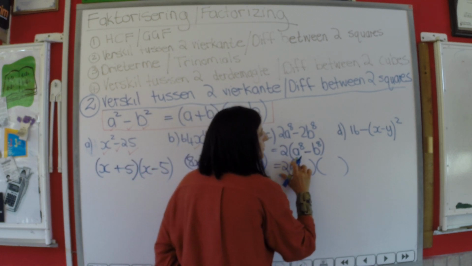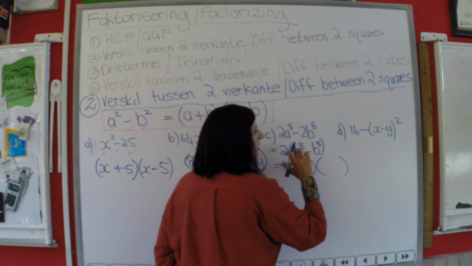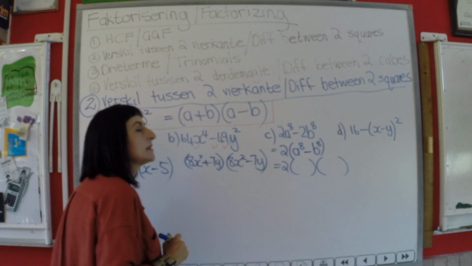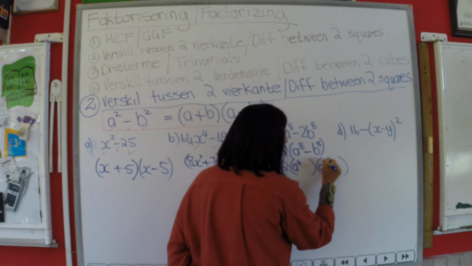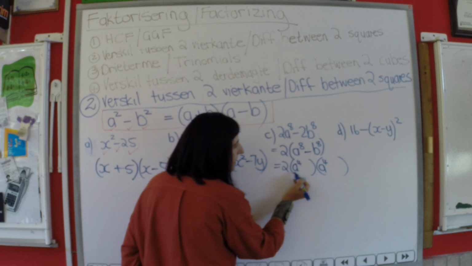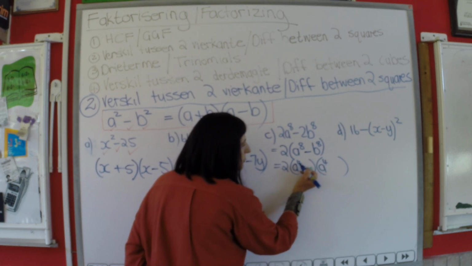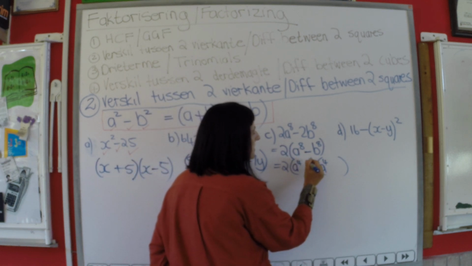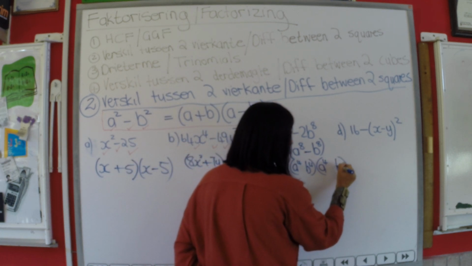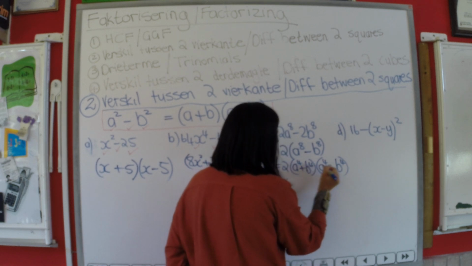What do you multiply to himself to give you a to the power of 8? Dit is a tot die mag 4, want eksponentwet 1 sê, as basis dieselfde is, wat doen ek met die eksponente? Ek plus hulle. So 4 plus 4 is 8. En dieselfde met b. So in die ene plus en die ander ene minus.